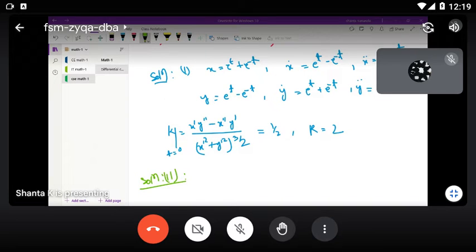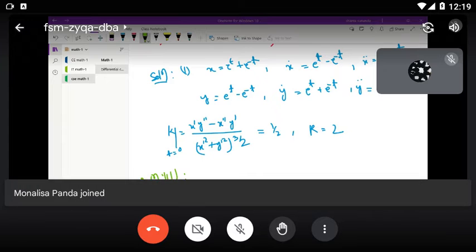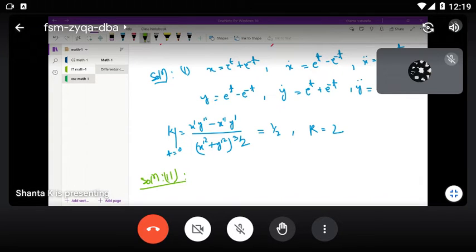Ma'am, in question 2, what is the value of t given? Nothing. You find a general form, so that once you have the general expression, at any value of t you can substitute.